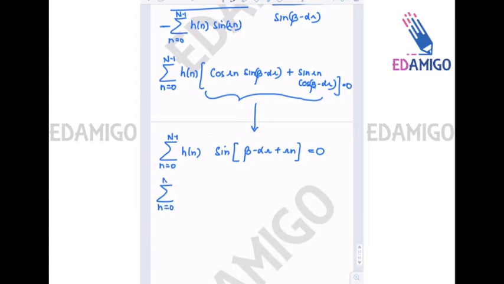So this can be written as beta minus alpha minus n into sigma is equal to 0.